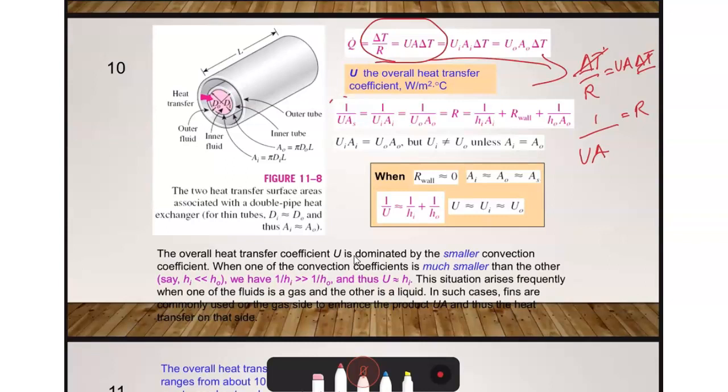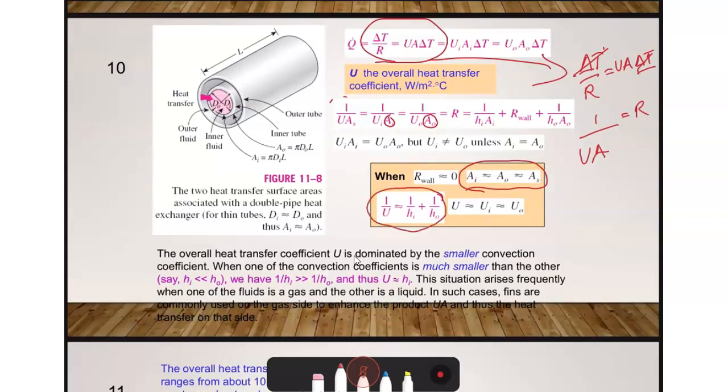So here, for example, we have a different AI, the inner area, and a different AO. But for example, AO and AI are much equally the same. So we will get this formula.